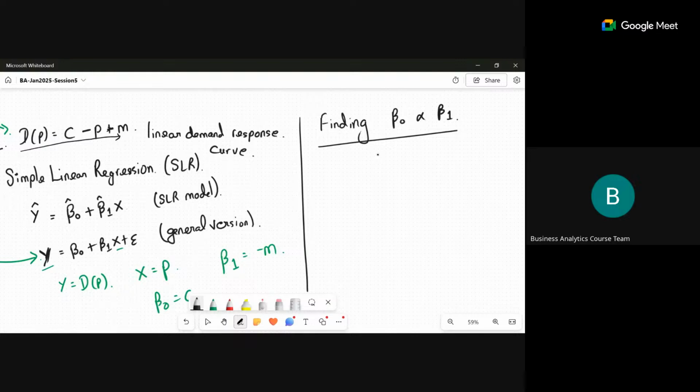Do you know the formula for finding beta 0 hat and beta 1 hat? What is the best estimate for beta 1 hat? Any idea of the formula?